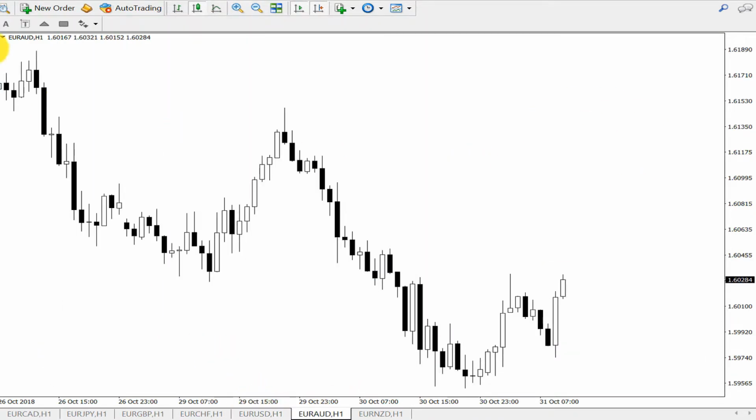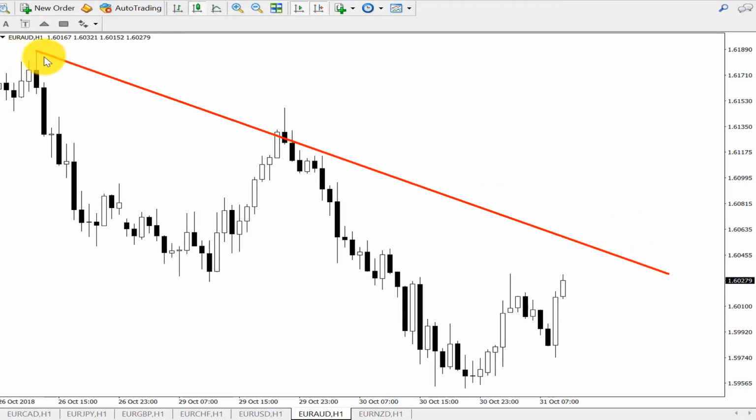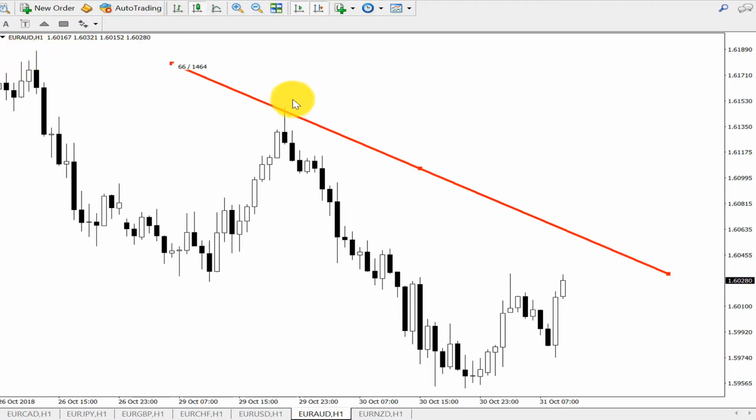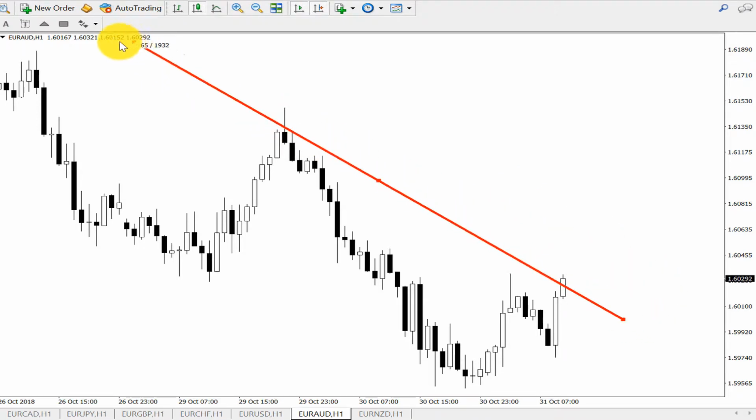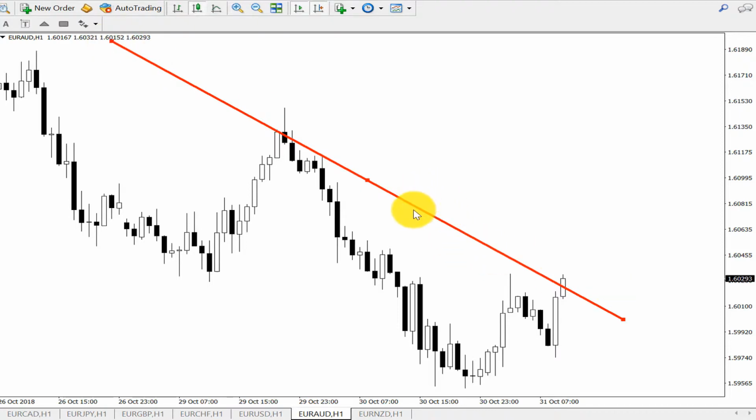If we check now Euro AUD, okay, recent highs, this pair is also in downtrend.